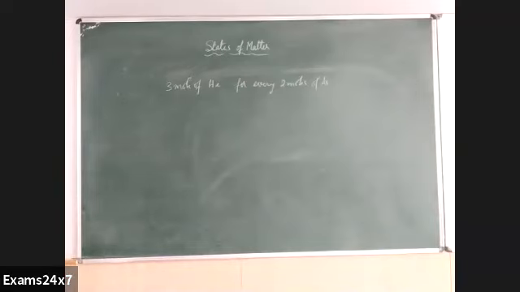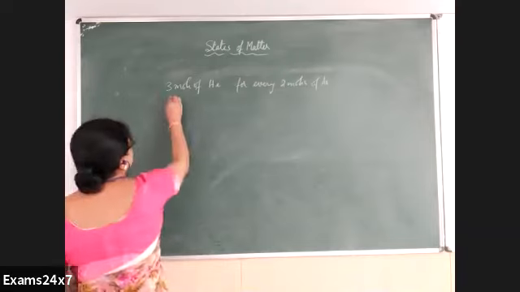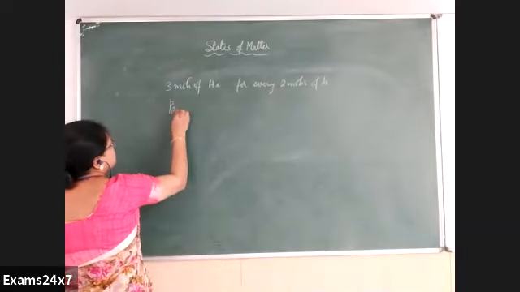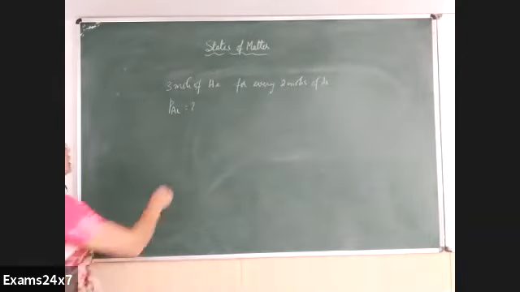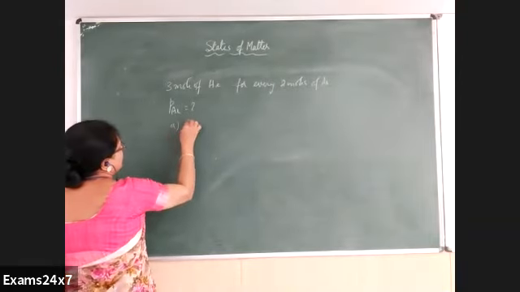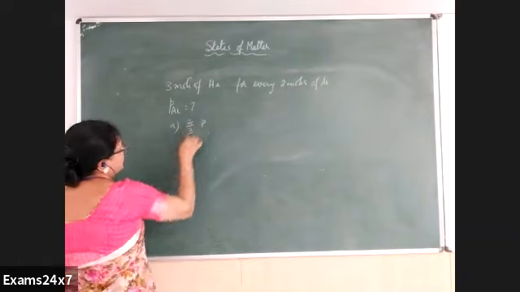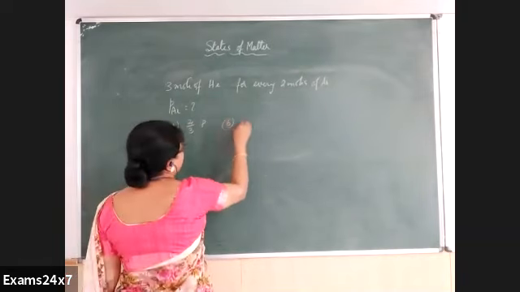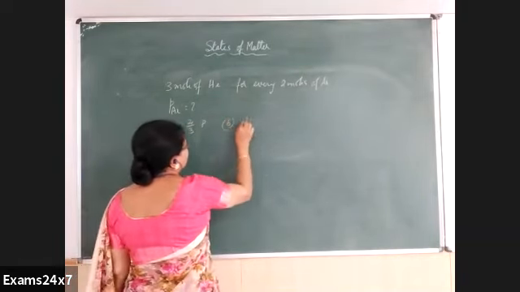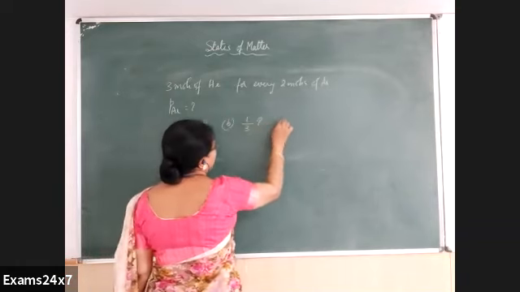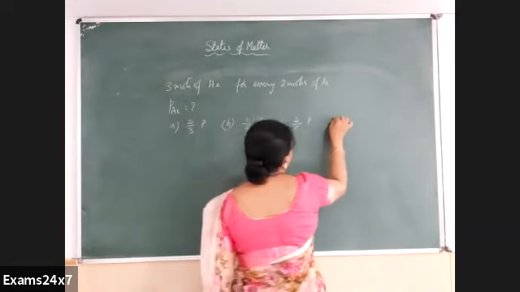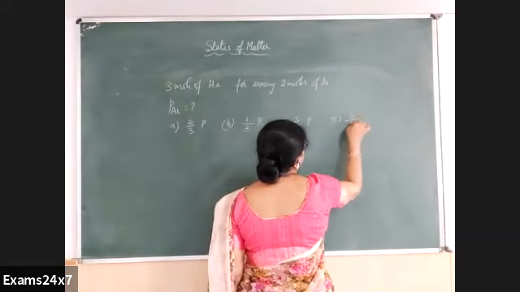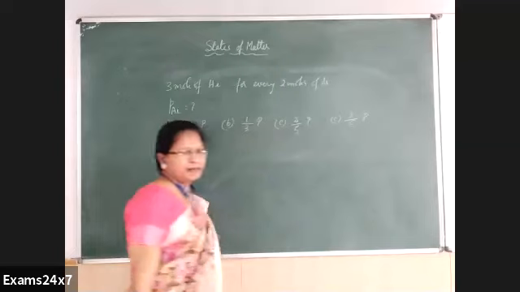Find the partial pressure of argon. Given are the options: A, 2 by 3 P; B, 1 by 3 P; C, 2 by 5 P; D, 3 by 5 P.